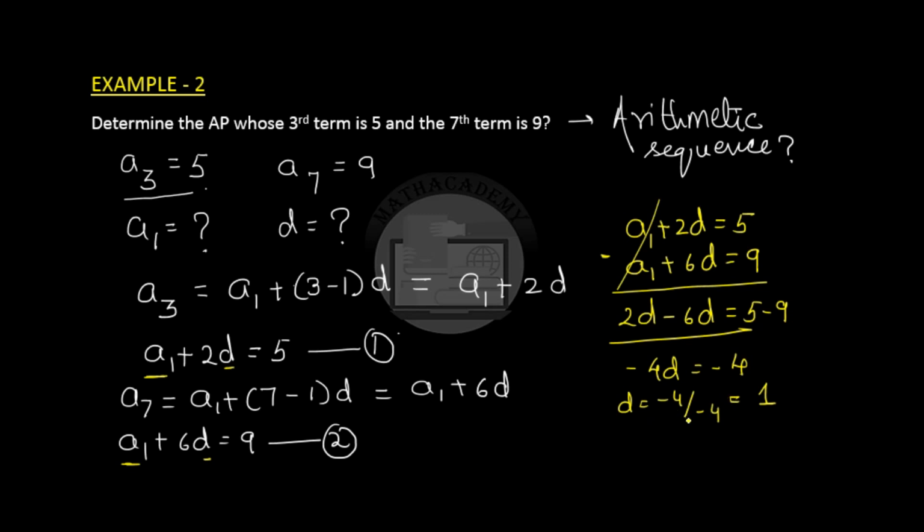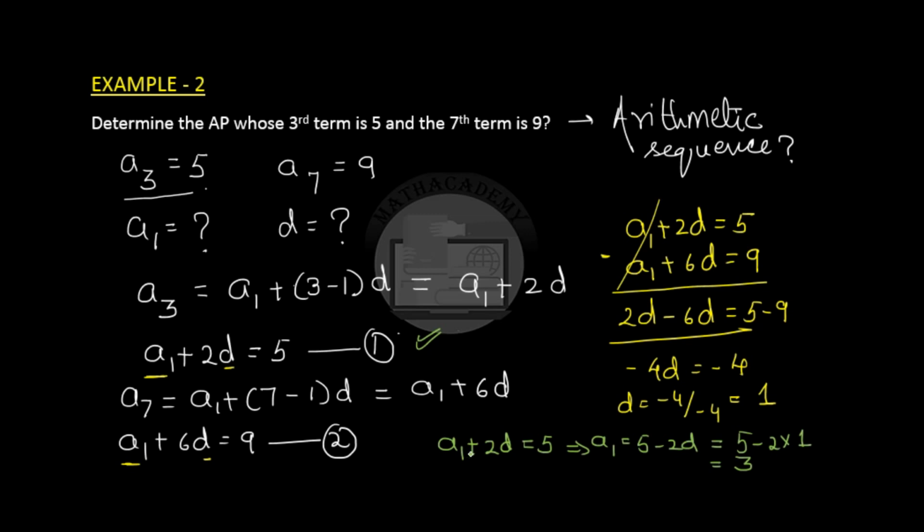Now we will substitute this value of d in any one of the equations to get the value of a1. So I'll substitute the value of d as 1 in equation 1. So a1 plus 2d is equal to 5, which gives a1 is equal to 5 minus 2d, which is equal to 5 minus 2 times 1, as d is 1, which gives a1 as 3.